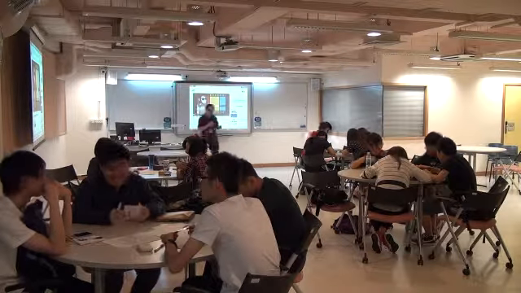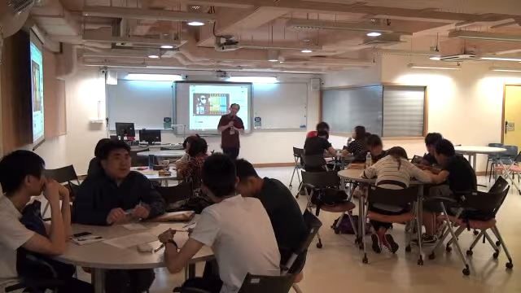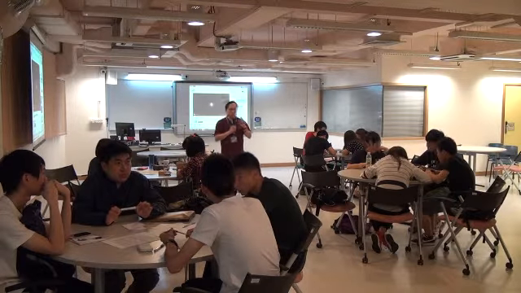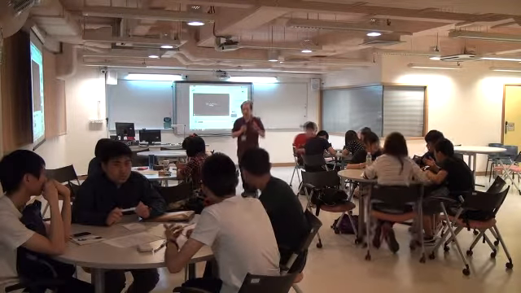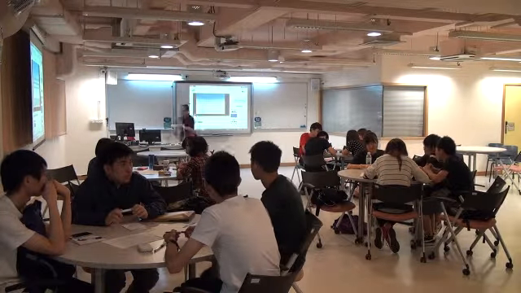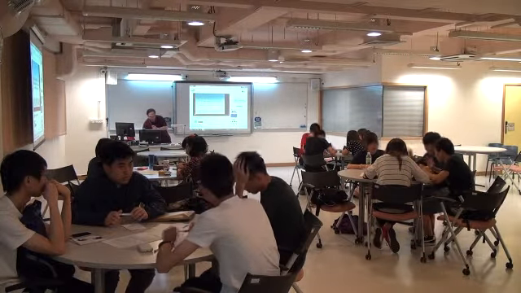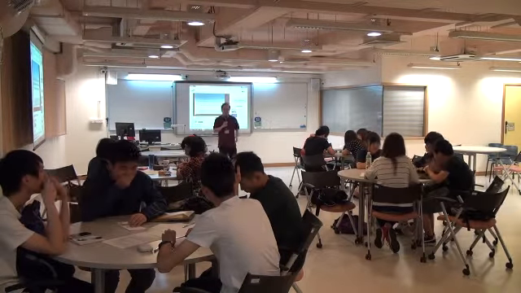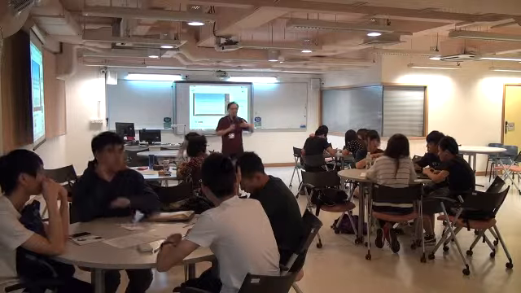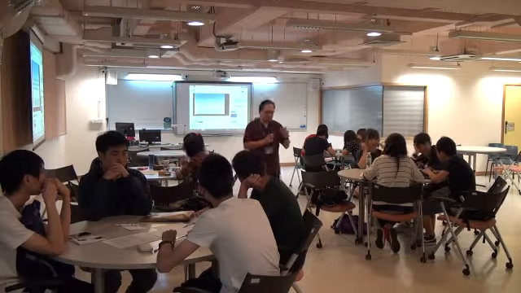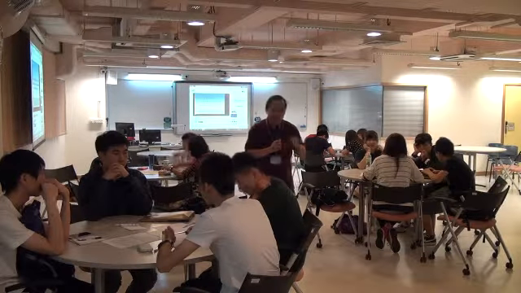Remember, each table now has a very simple task up to 5 o'clock. Each table needs to come up with the idea of ethics and then some advice on how you can protect your privacy online. Okay? So definitely, if you want to accomplish this task, you need to put together the ideas of each member at your table.